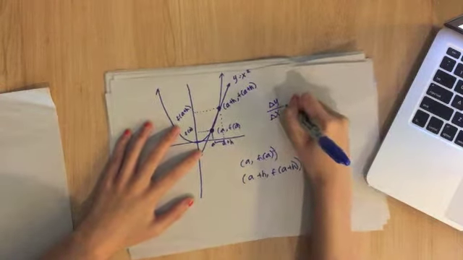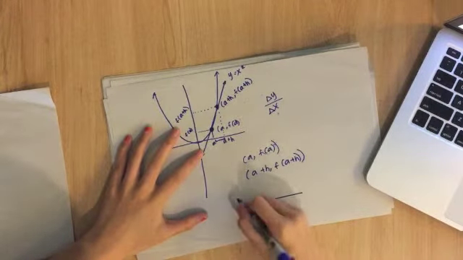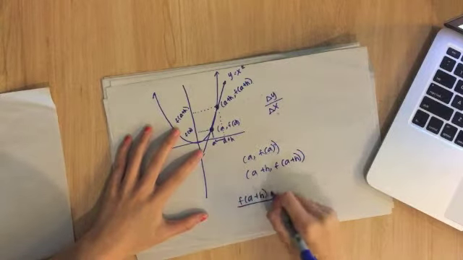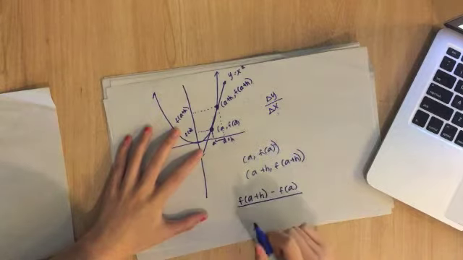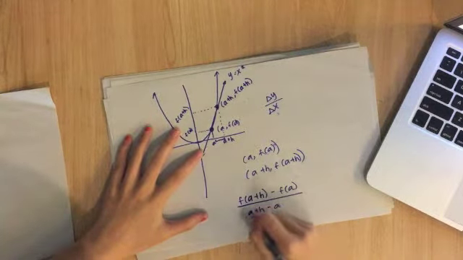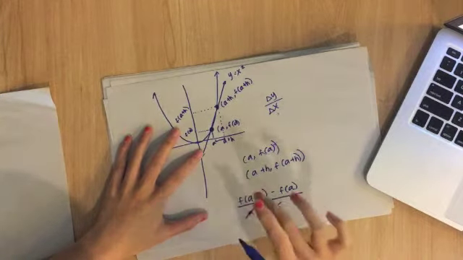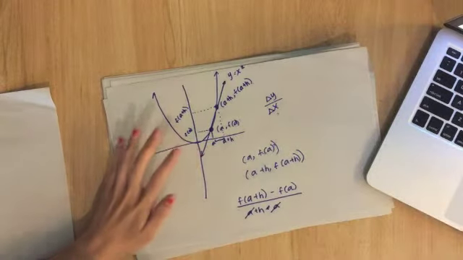So the change in y would be f of a plus h minus f of a. Change in x would be a plus h minus a, and the a cancels, so we're just left with f of a plus h minus f of a over h.